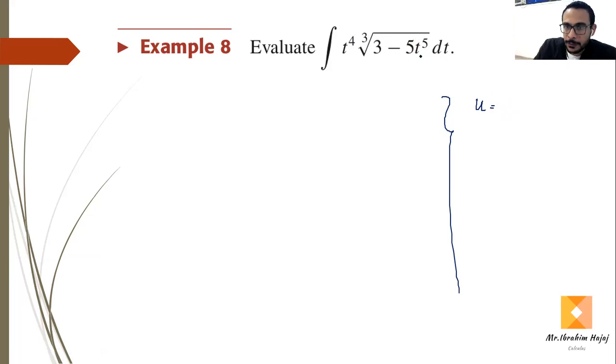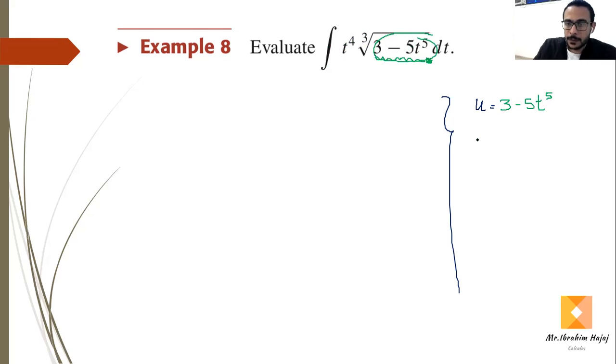Which part of the question, if we replace it by u, will give us the key of the solution. If you let u be the inside of the cubic root, times t to the power 4 outside. So always, when you have a square root, cubic root or nth root, you let what is inside the root be u. Always take the inside function as u.